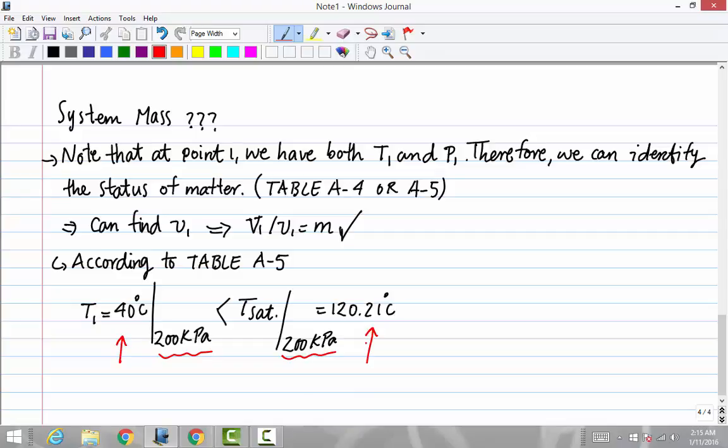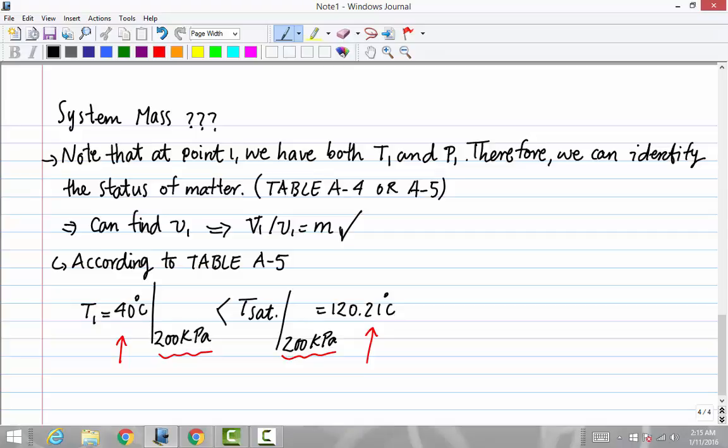So it means that the water is subcooled. It's cooler than a saturated liquid, right? Because we know that the saturated liquid at this pressure is supposed to be at that temperature, but it's at 40, which is less.